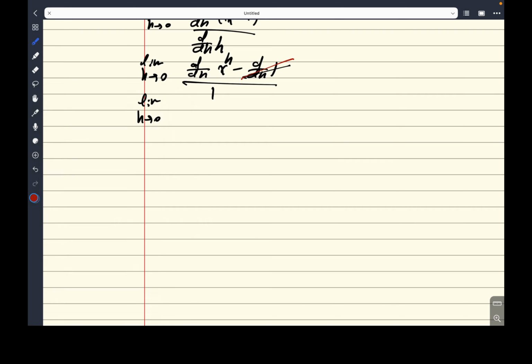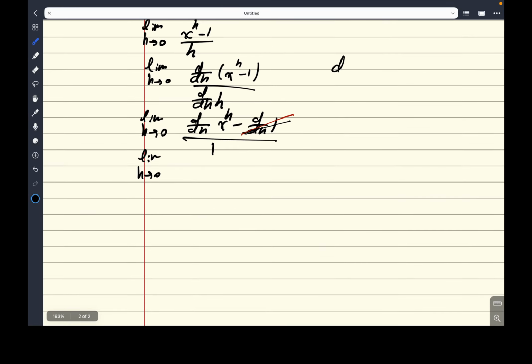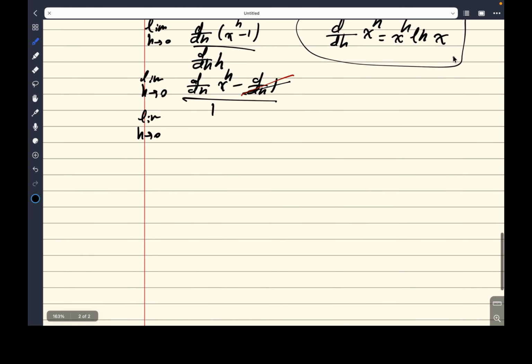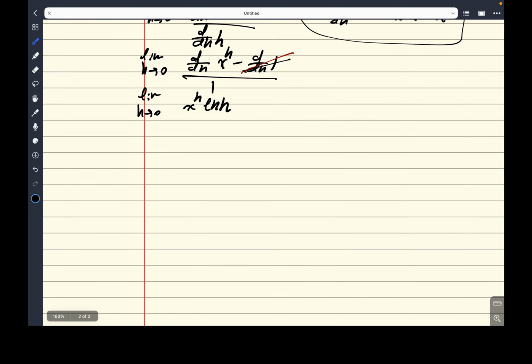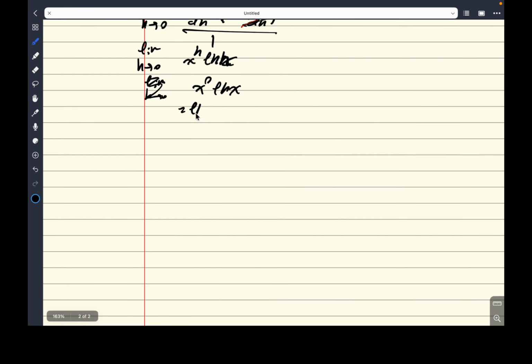Now we're just left with d/dh of x to the h, which is x to the h ln x, according to the differentiation rule for exponential functions. Now I've removed the discontinuity, so I can say that the limit as h approaches 0 is x to the 0 times ln x, which is ln x.